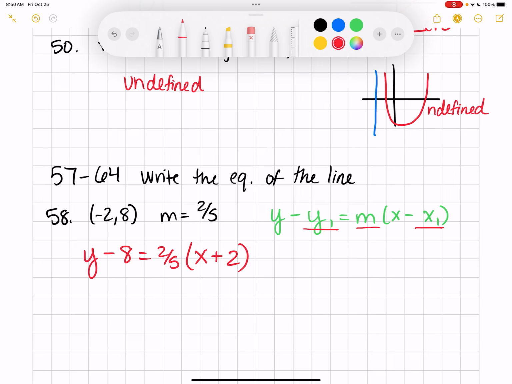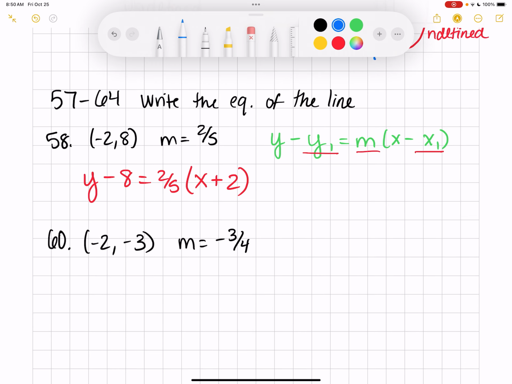Now, it's a little harder to work with this one if we're actually graphing it, but as far as just setting up the equation of the line, all you need to do is plug it in and set it up, because this will lead us into stuff that we'll do later on. 60, I have the point -2, -3, and a slope of -3/4.